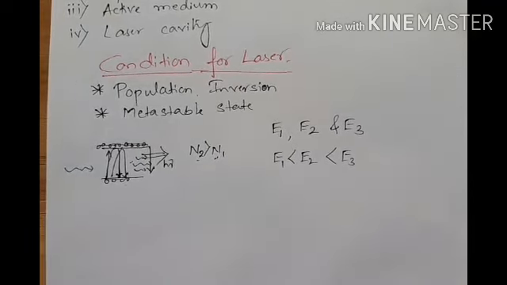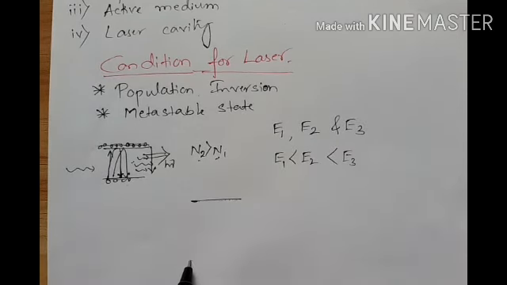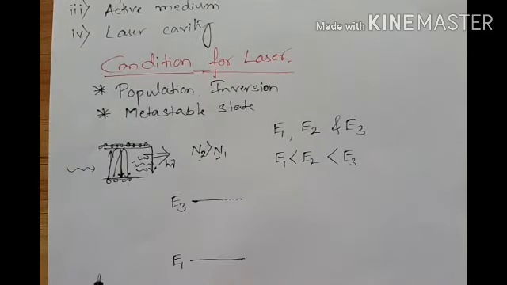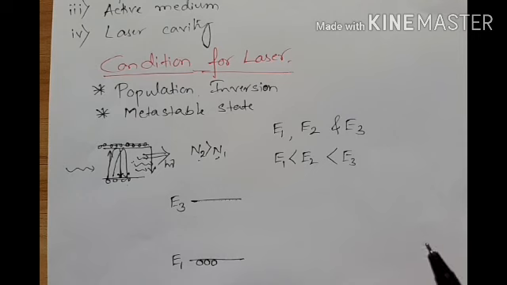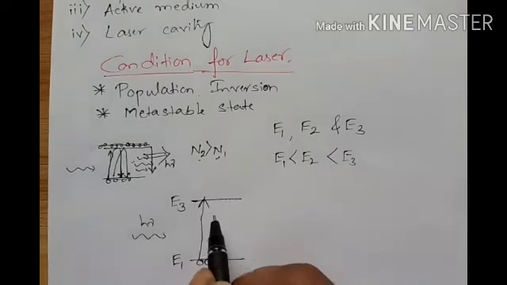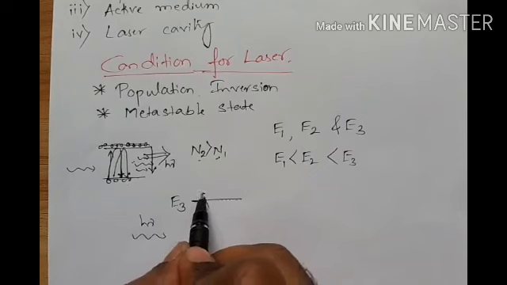So let us consider two levels, this is E1 and this I'll consider as E3. Now where are the atoms? The atoms are here in the E1 state. When I supply the energy here, these will go and sit in the higher state over here.